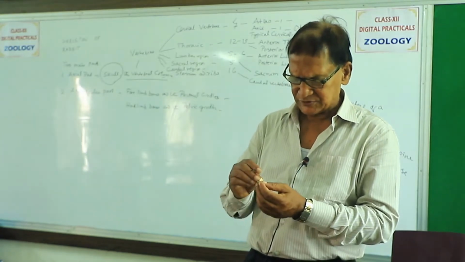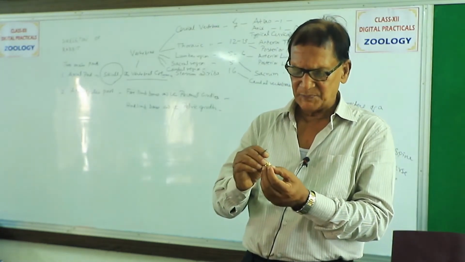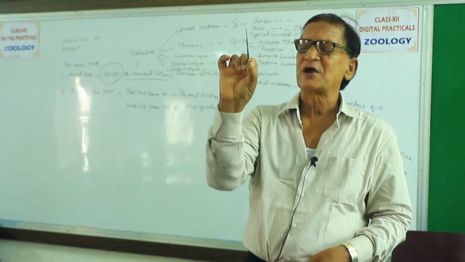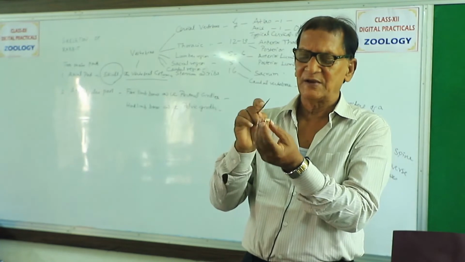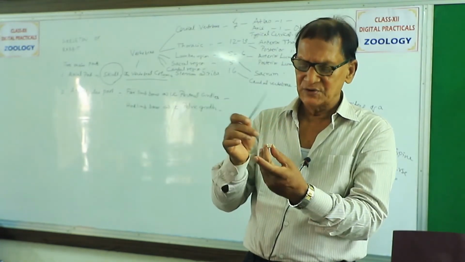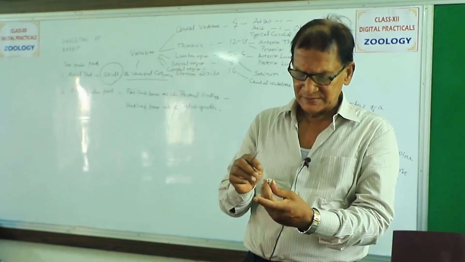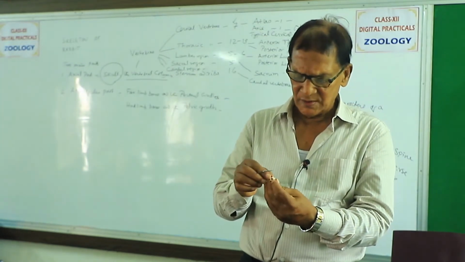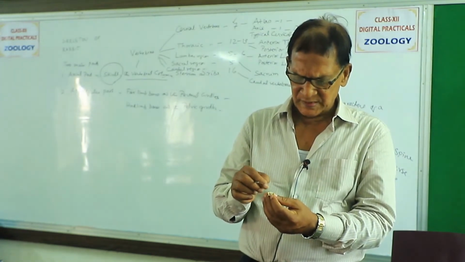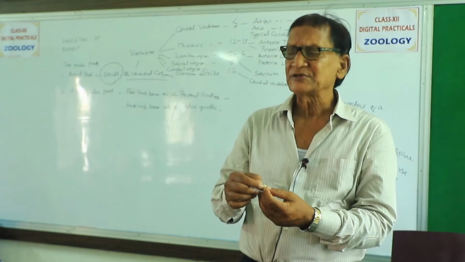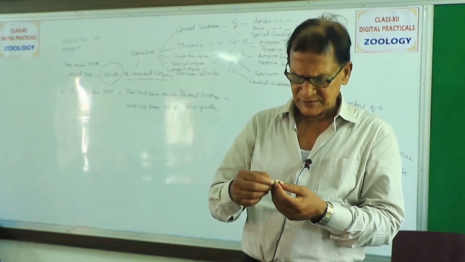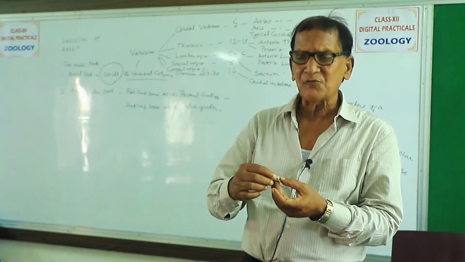Now, a typical cervical has a centrum or base by which I am holding the vertebra. Then we have the neural canal, neural arch, neural spine. Then in the neural arch, we have a pair of projections, anteriorly and posteriorly. These are called zygapophyses.